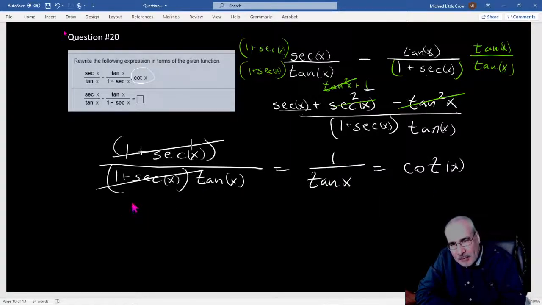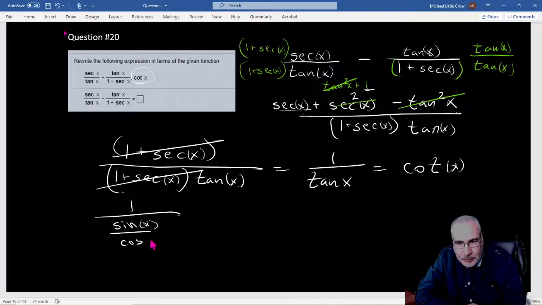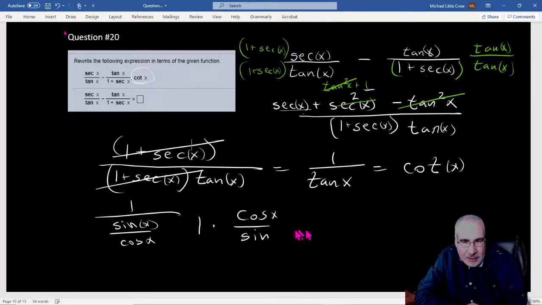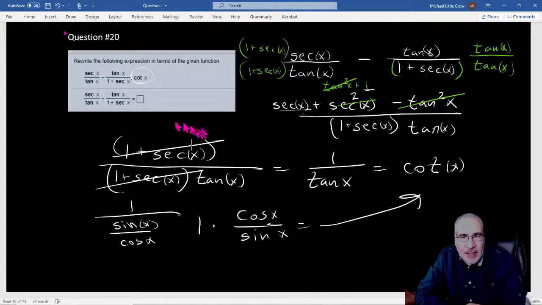Or if you want to do it the longer way, tangent is sine x over cosine x. So 1 divided by this is going to be 1 times the reciprocal, which is cosine x over sine x, and that is the definition of cotangent. It's weird that the answer is just cotangent of x, but that's exactly what it is.